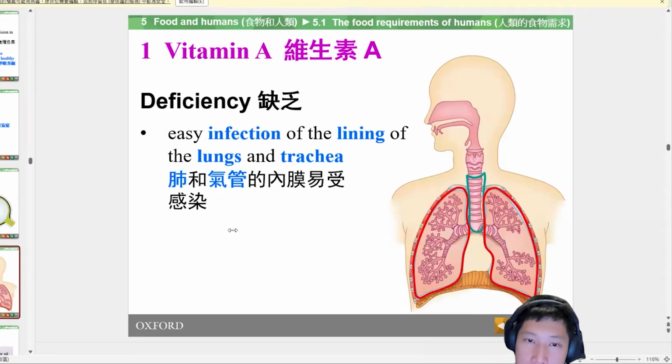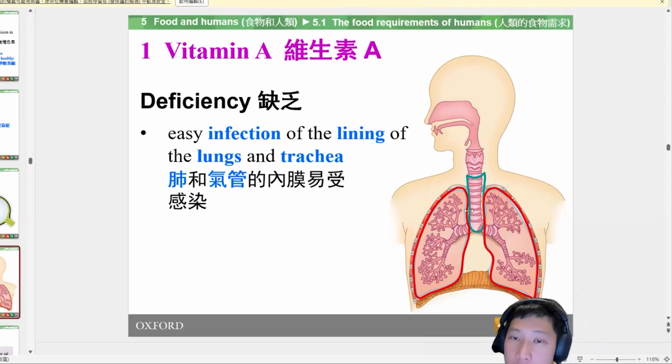Apart from that, if you, for example, get influenza, normally your parents will ask you to take vitamin A. This vitamin A can help strengthen the defense system within our breathing system.